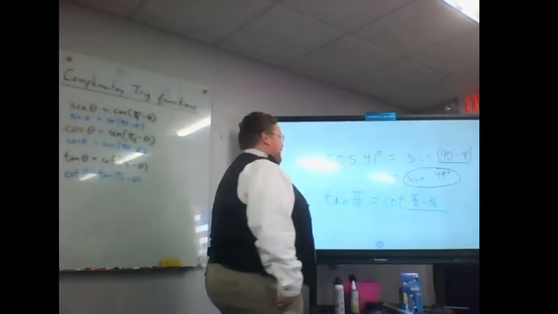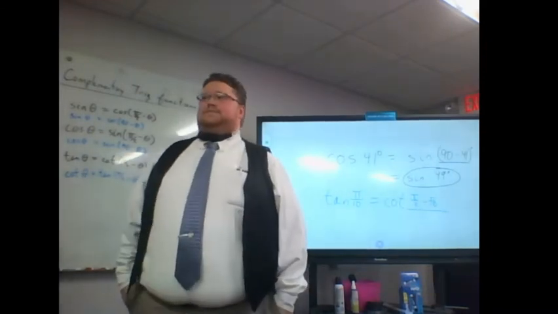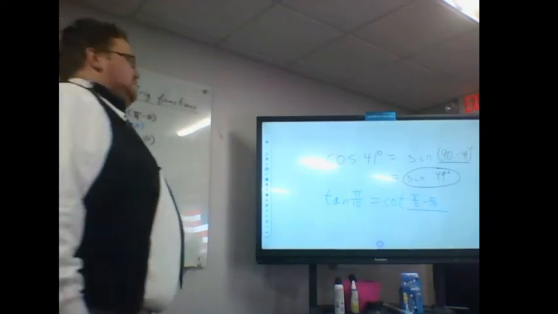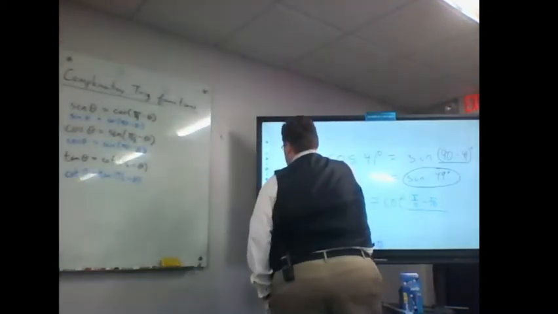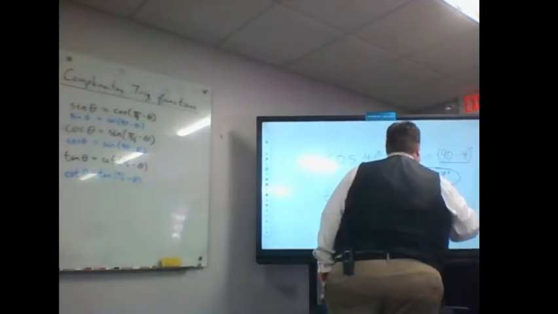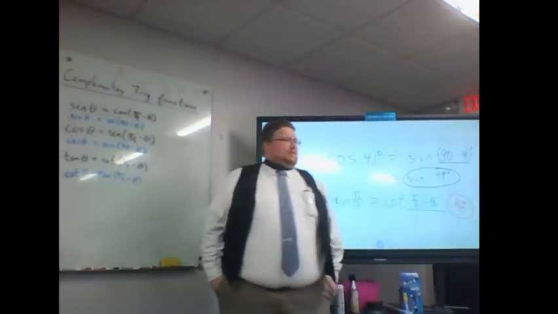In this case, I would probably do 2 pi over 5. So tangent of pi over 10 is equivalent to cotangent of 2 pi over 5.